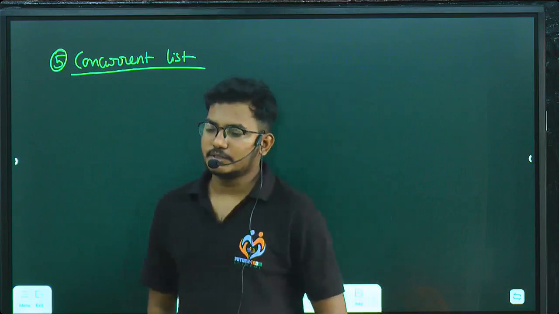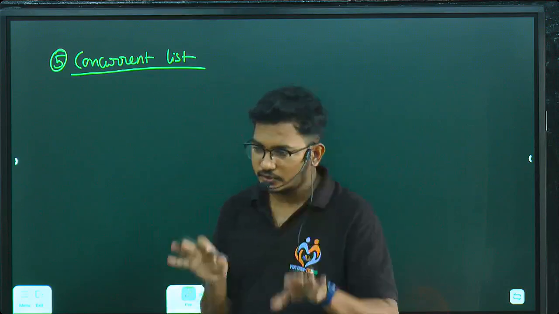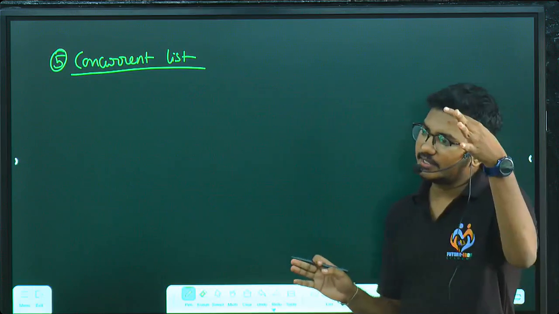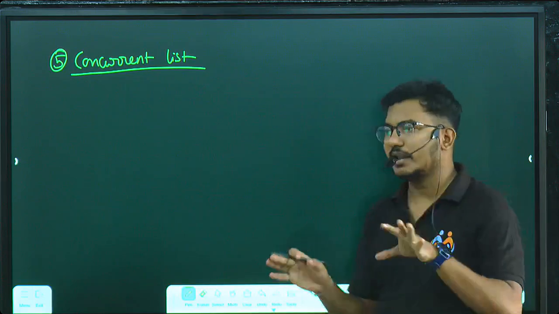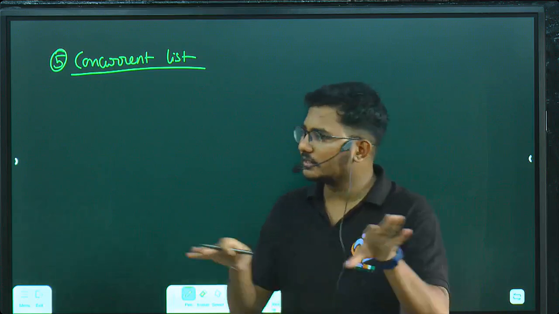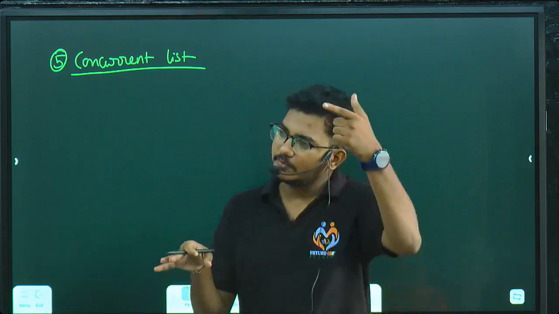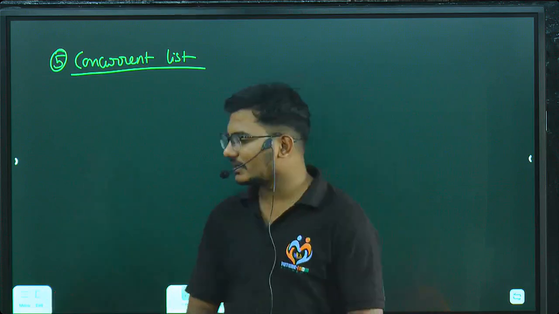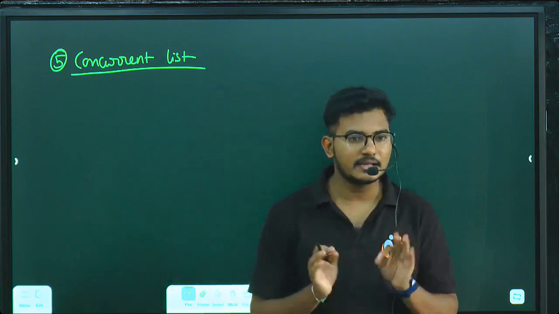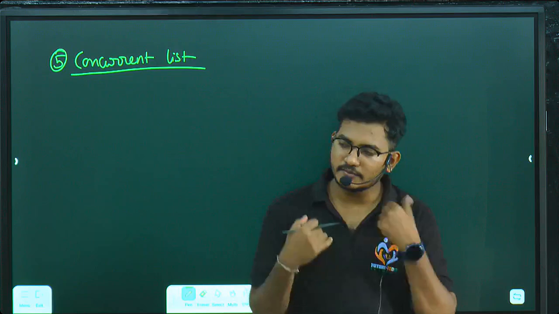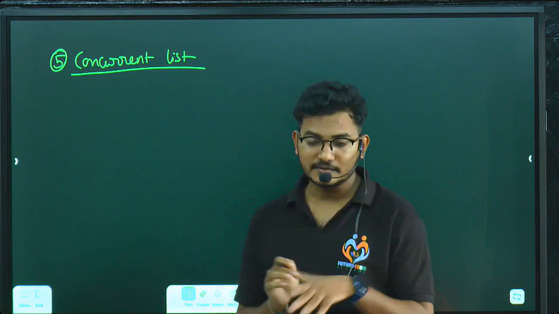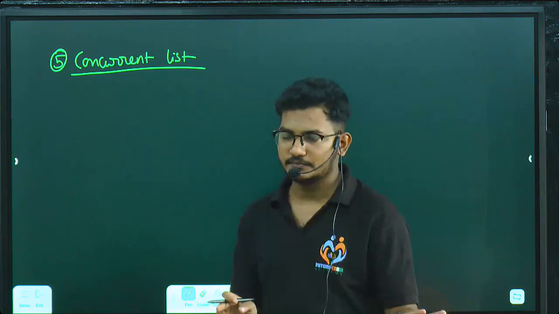Okay, so see, on the concurrent list, both the union and the state can make laws. If there is any conflict between union and state law, then the union law will prevail and the state law will disappear. Okay, so here the Sarkaria Commission said, even though both have powers on the concurrent list, we recommend that the center not make laws on the concurrent list.